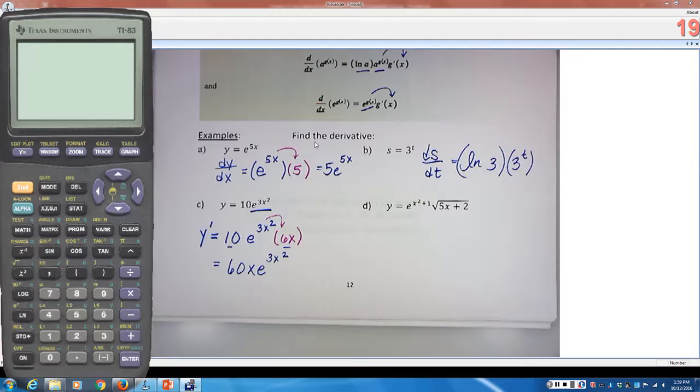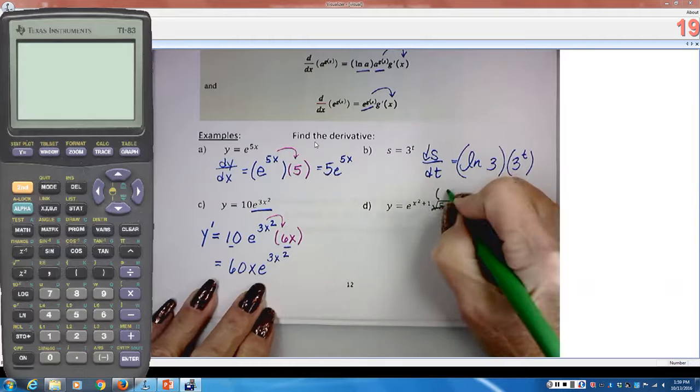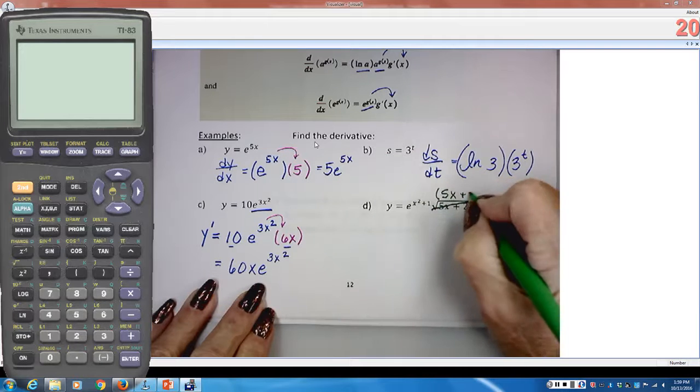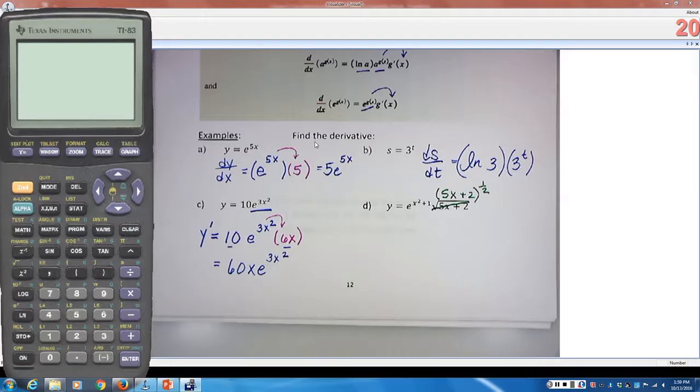Okay, what potential issues do you see in this next problem? It's a little more complicated than the others. You got a radical. Okay, we can fix that. We'll change it into a power. What else do you see that is different?